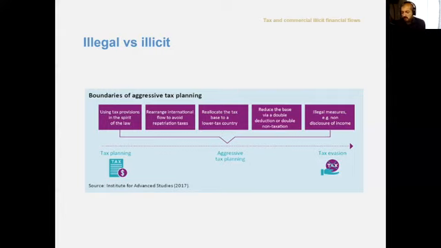The boundary between legal, illegal, and illicit tax practices is somewhat unclear, and therefore there is a continuum of activities from legal tax planning or tax avoidance all the way to illegal tax evasion. So this continuum is called aggressive tax avoidance or aggressive tax planning. All of this can be used for the measurement of the IFFs.